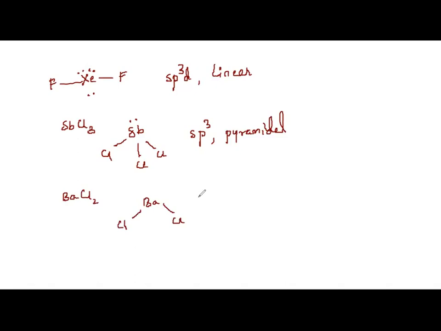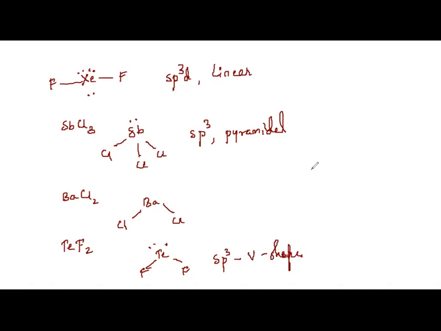Then we have tellurium fluoride. Its structure is Te, with fluorine here and fluorine here, and tellurium has 2 lone pairs. Hybridization is sp3 with a V-shaped or bent shape.